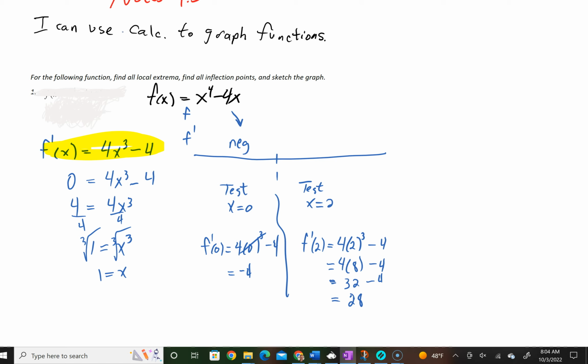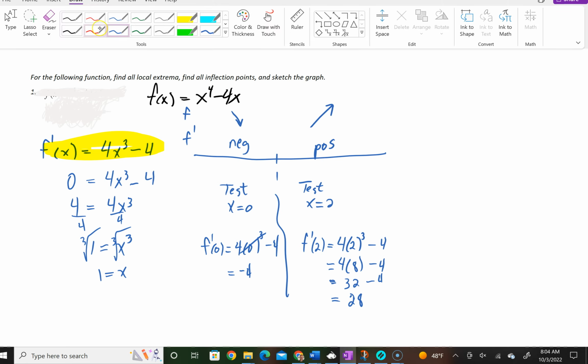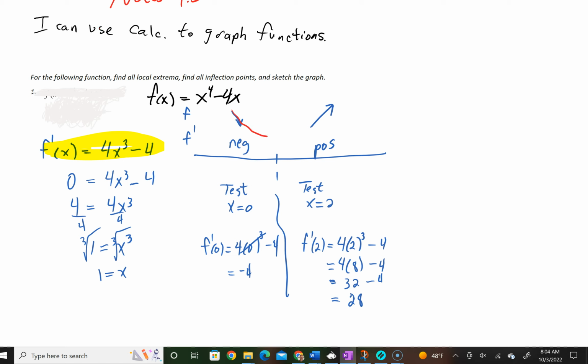You know you're going to get something positive. So you don't always have to work out all the particular details. But please look at this graph. Look at the arrows. They're going to show you that you're going to have a relative minimum when x is equal to 1.